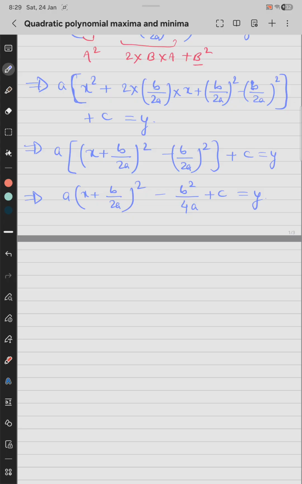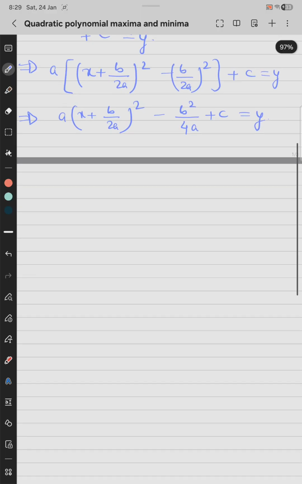And now there are two cases. Let's say a is greater than 0.